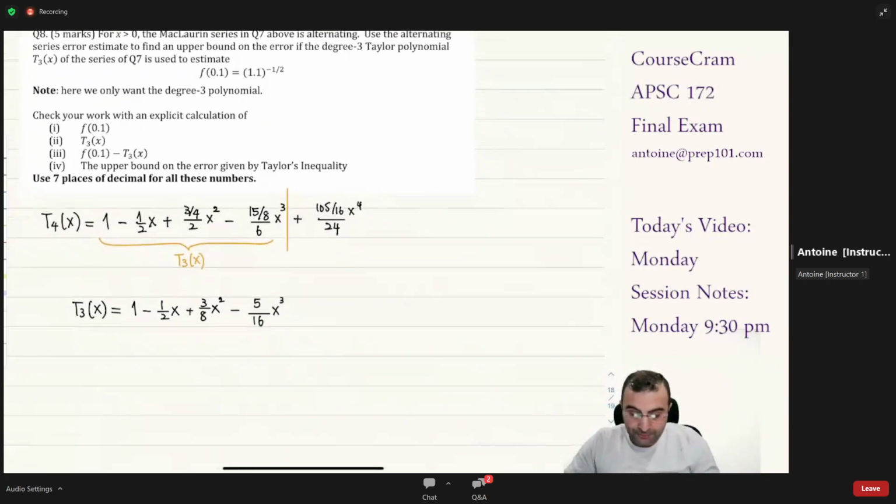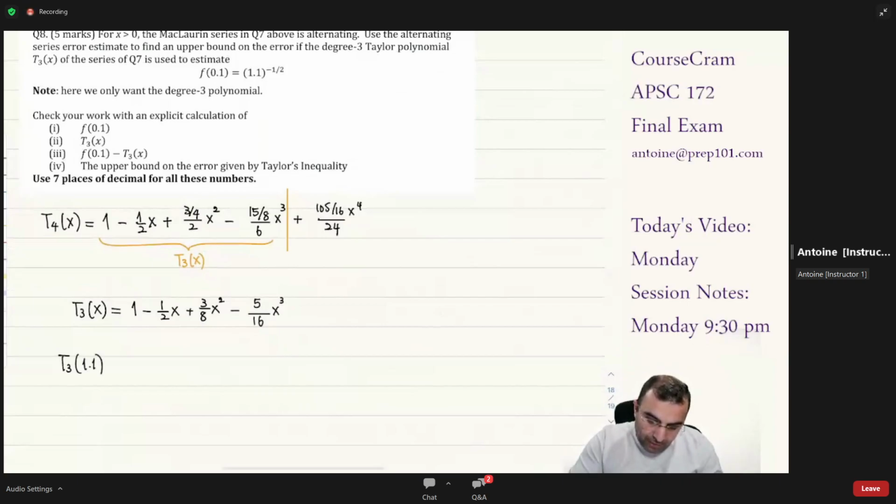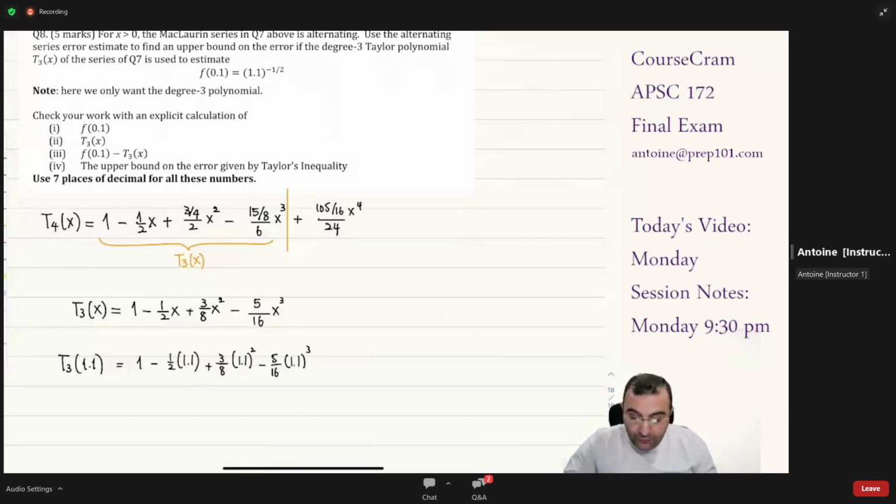Right, so if we're doing T3 of 1.1, that would be 1 minus 1/2 times 1.1 plus 3 over 8 times 1.1 squared minus 5 over 16, 1.1 cubed. What's the first term left out? I don't know, I'm going to calculate this. So 105 divided by 16 divided by 24, that's 35 over 128 times 1.1 cubed.